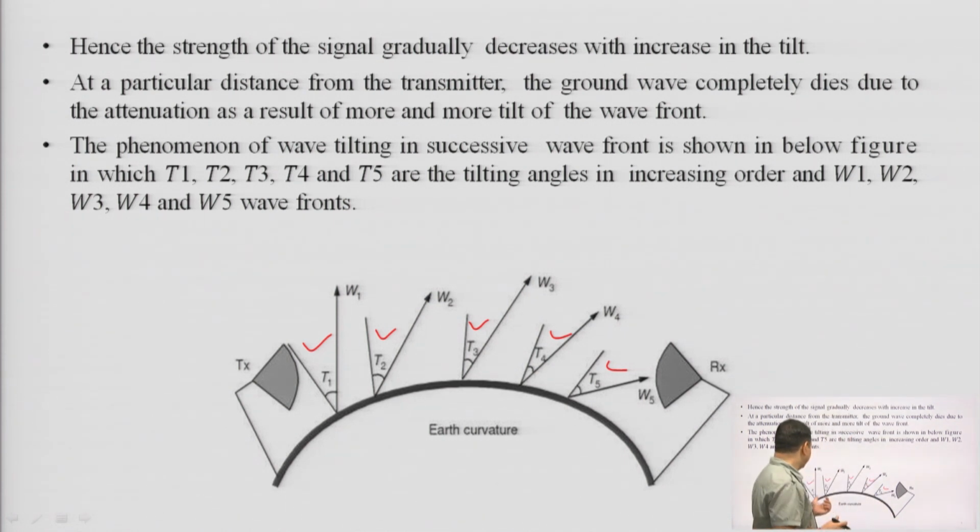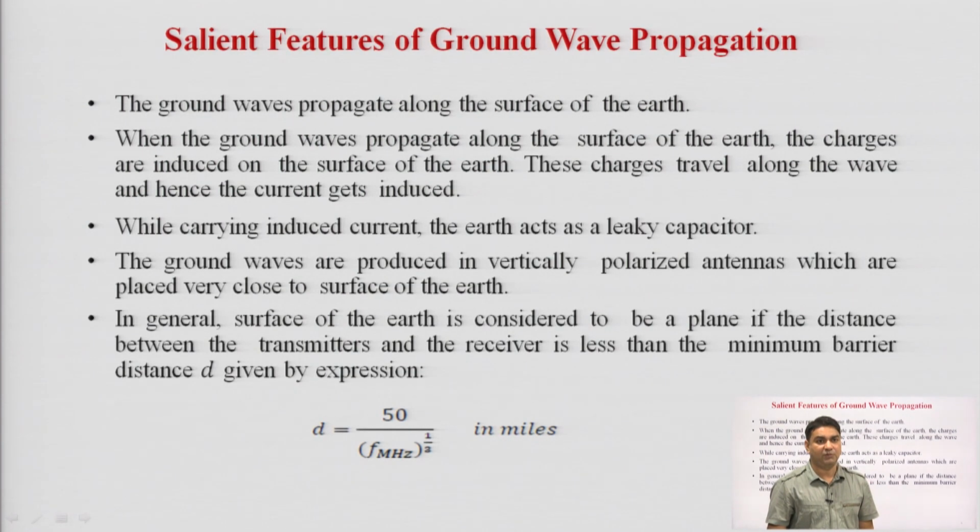You can see that T2 is greater than T1, T3 is greater than T2, T4 is greater than T3, and T5 greater than T4. Different wave fronts at different positions have different tilt angles, and as the tilt angle increases, obviously the signal strength decreases. These are the salient features of ground wave propagation.